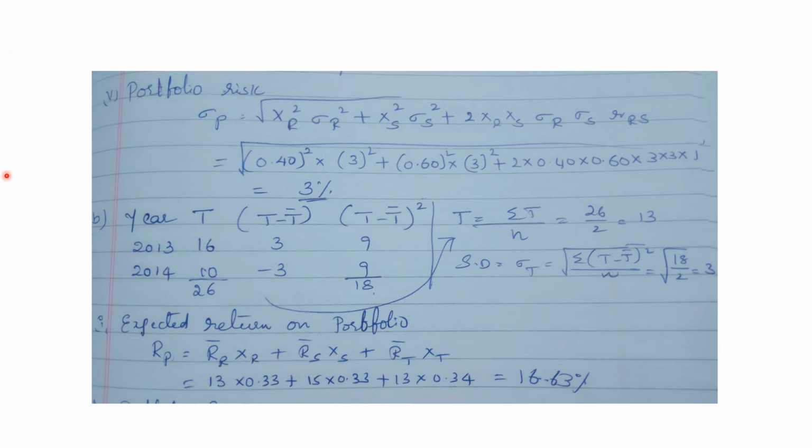So next one we have is, you have to find out the portfolio risk consisting of 40% for R stock and 60% S. So put the formula. Again, I am not going to read the entire formula here. You have the formula here, just substitute the values.